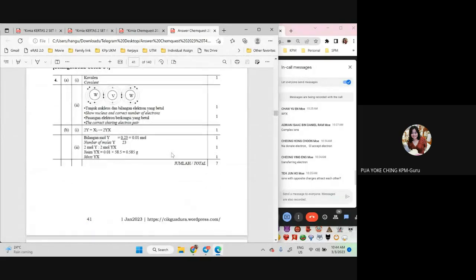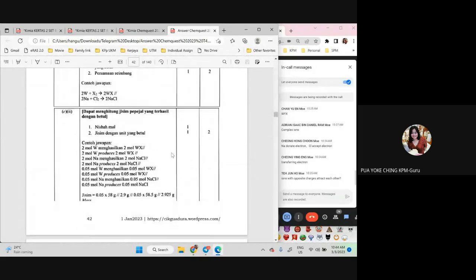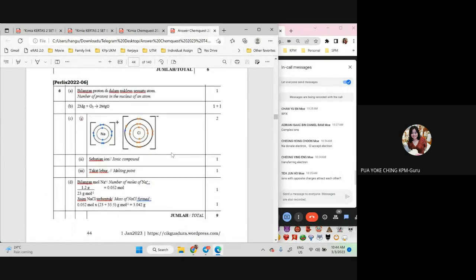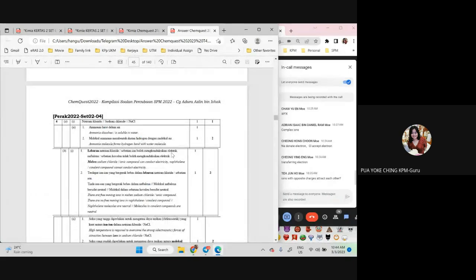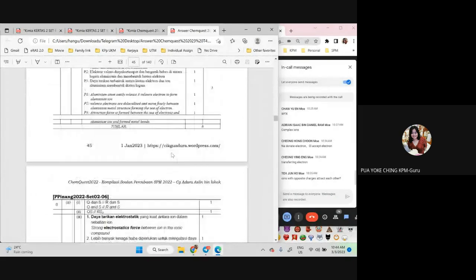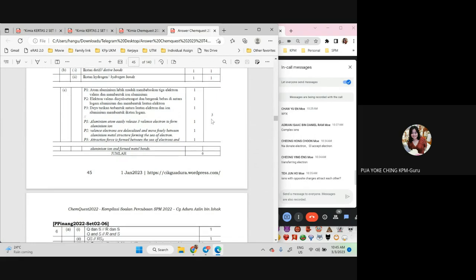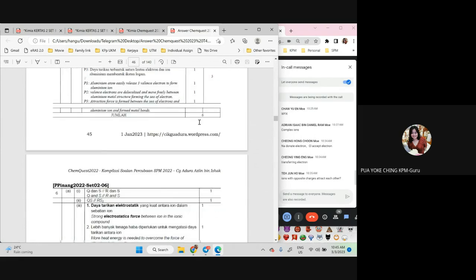Johor, Selangor, Putrajaya. Okay, this part. So this is just now the metallic bond. So I say, usually it does not come until 3 marks. This is only 3 marks, not 4 marks.